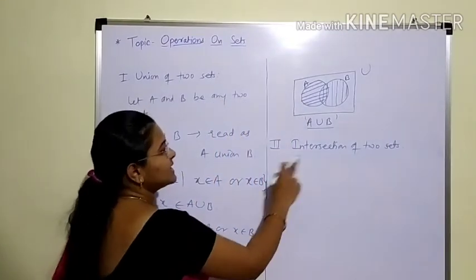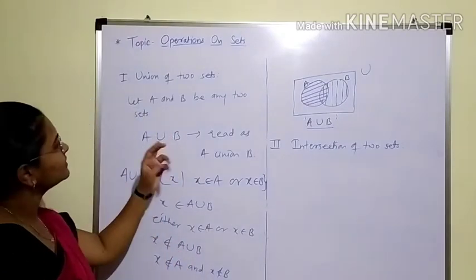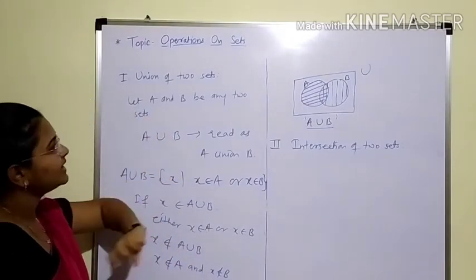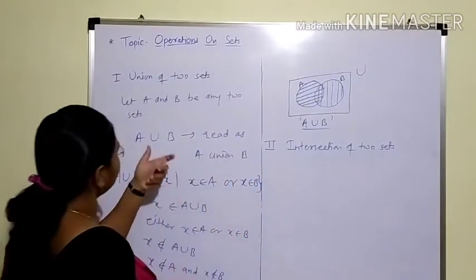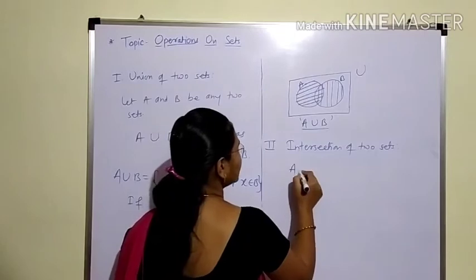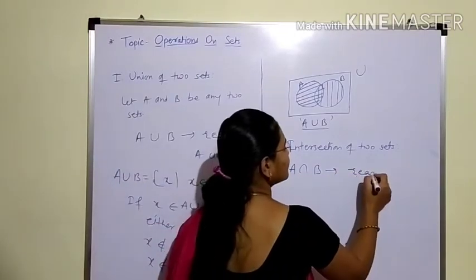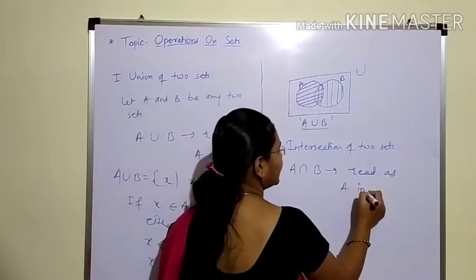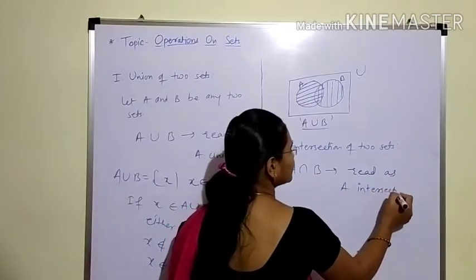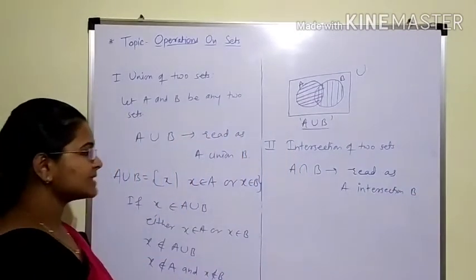Now here also we have A and B, any two sets. We denote intersection of sets A and B using this symbol, and we read it as A intersection B.